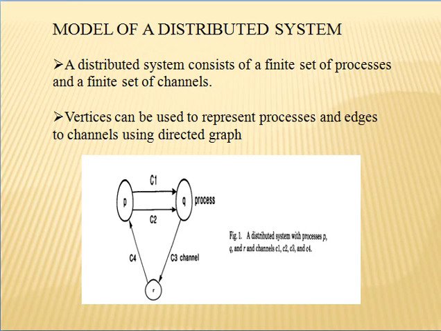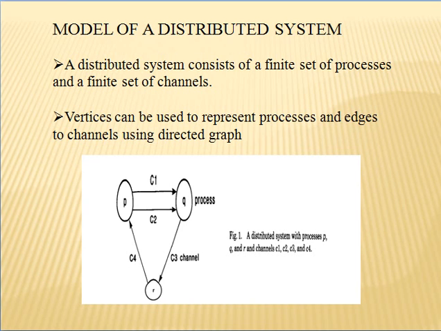We can also show them by using a directed graph, in which vertices will represent the processes and the edges will represent the channels. We can see in the figure a distributed system with three processes P, Q and R, connected by channels.